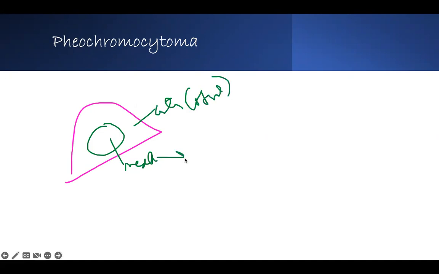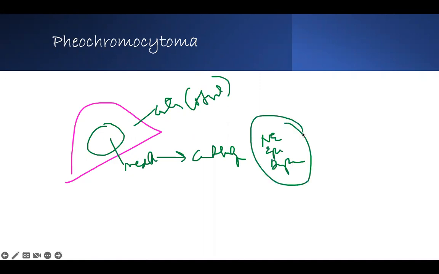The medulla secretes catecholamines, which are norepinephrine, epinephrine, and dopamine. And so when you are stressed, this is the hormone that is secreted. If you see a snake, that's the hormone that is secreted. And you know norepinephrine and these are vasoconstrictors.